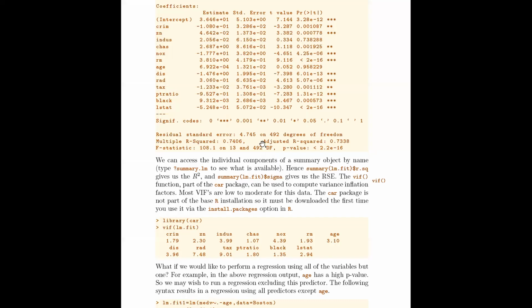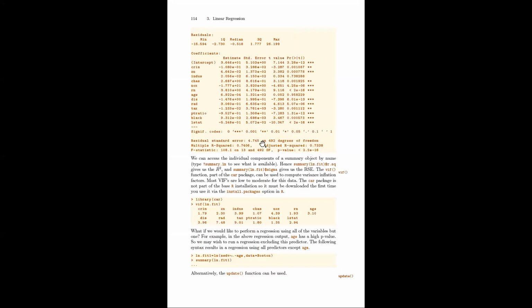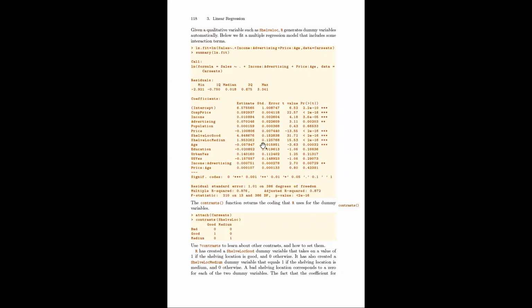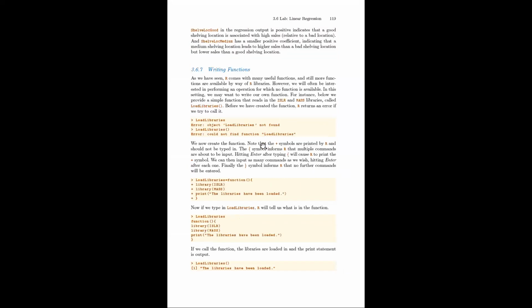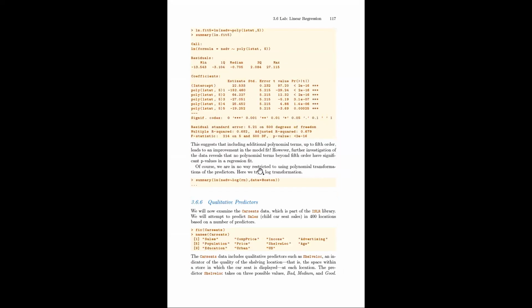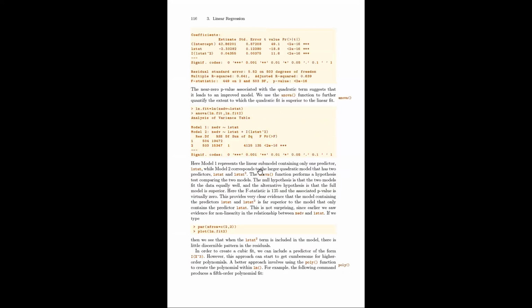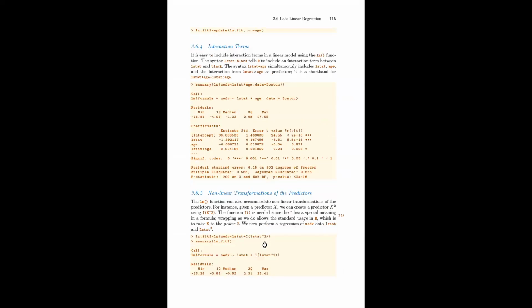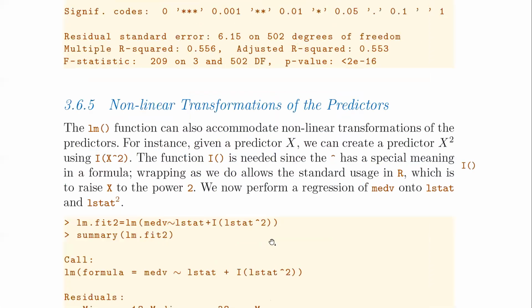I'm kind of using a pincer movement on this chapter where we did the first few sections, but now we're working a bit in the backwards direction. So the lm function, the linear model function, can also accommodate nonlinear transformations of the predictors.